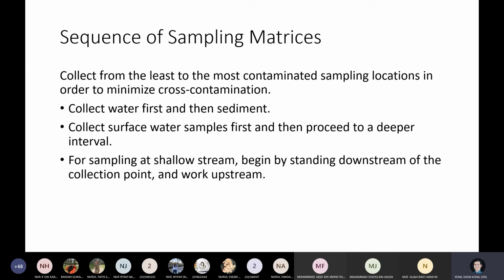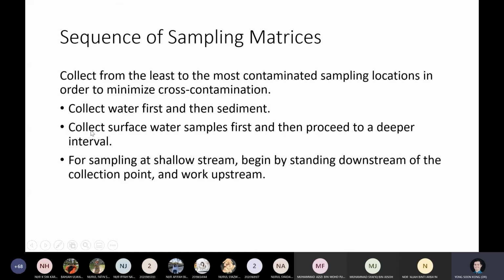No matter where you go, stream, riverside, lakeside or ocean, you collect the water first and do not disturb the sediment. Collect maybe the upper strata of the lake or the upper strata of the river. In fact, most of the time when you collect stream water, you only collect from the top, not from the bottom, because if you collect from the bottom, you're also collecting the sediment and some things that are not supposed to be part of the water. Well, it is, but at the bottom part.